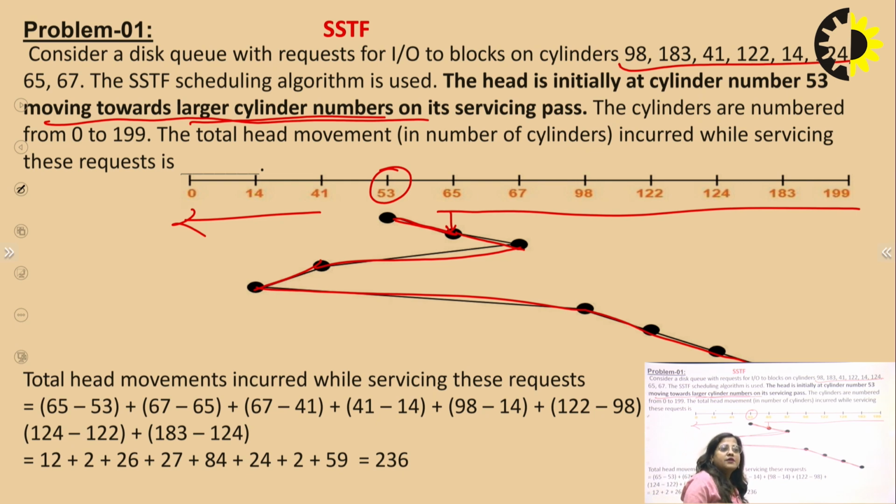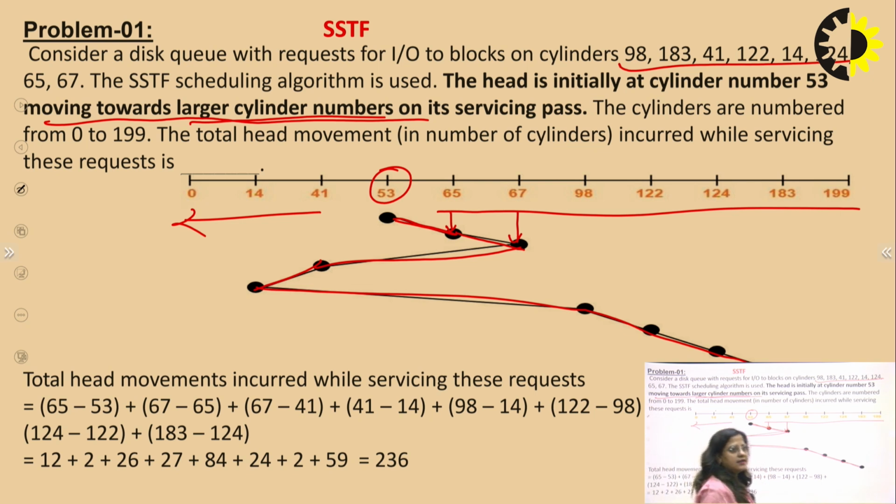Tell me which number takes the shortest seek time: 67 or 98, 41? So here we use 67 because 67 takes seek time of only 2. In this way we use all the requests one by one according to shortest seek time.